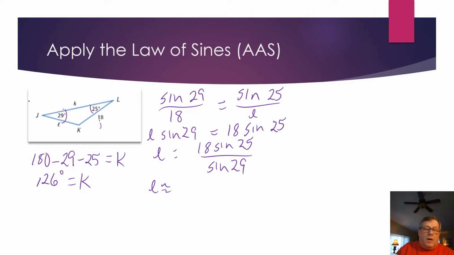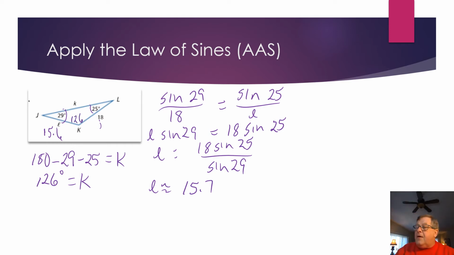And let's see, rounding that to the nearest tenth, I'm going to say that L is approximately equal to 15.7. So here we got 15.7. Let's go ahead and put 126 in here for K, just for fun.